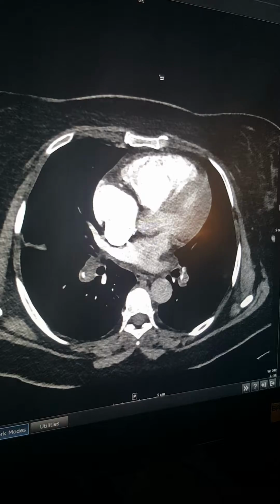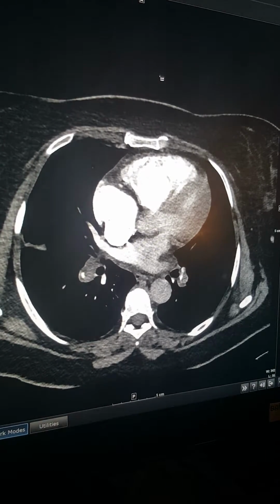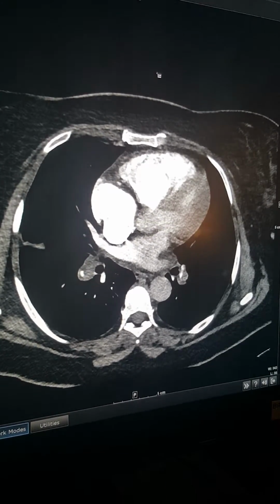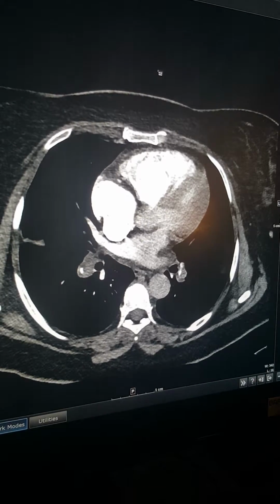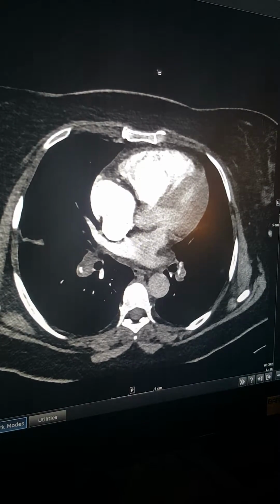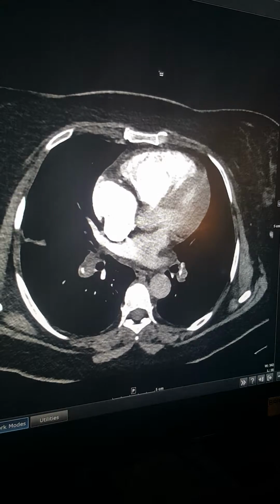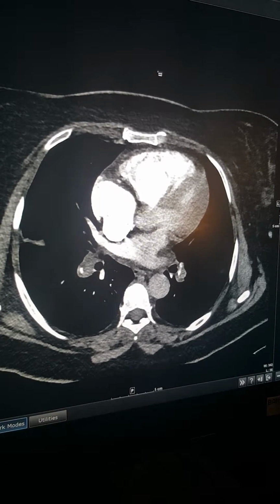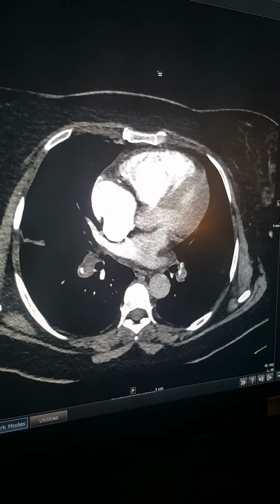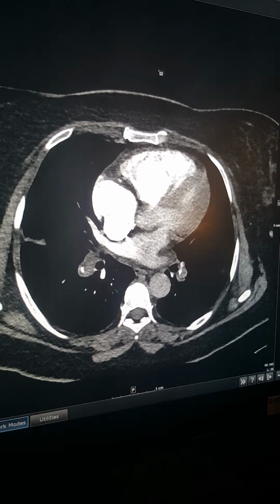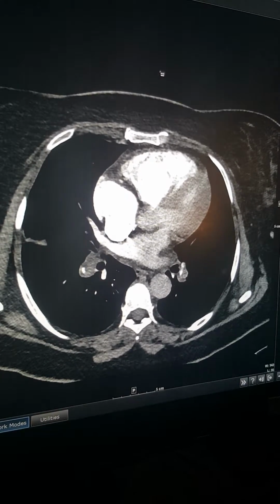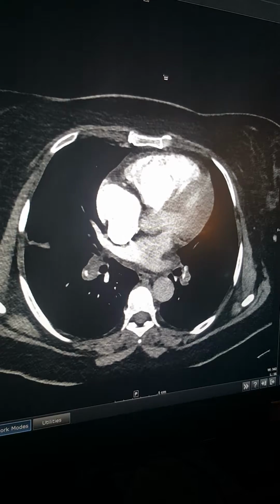millisieverts, but if you reduce it to 0.5, you are actually getting almost a tenfold or more reduction in the dose, with preserved quality of imaging to be reported.